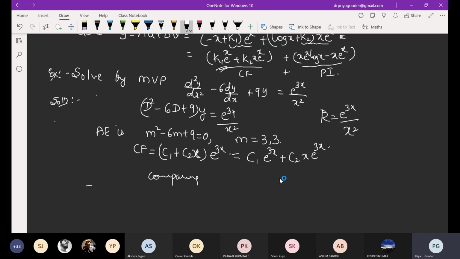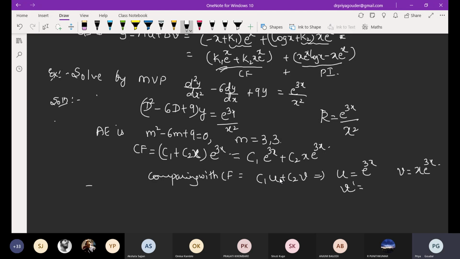Comparing with, what is the form there? C1 u plus C2 v, correct? What is u? e raised to 3x. And what is v? x e raised to 3x. Okay, find u dash.